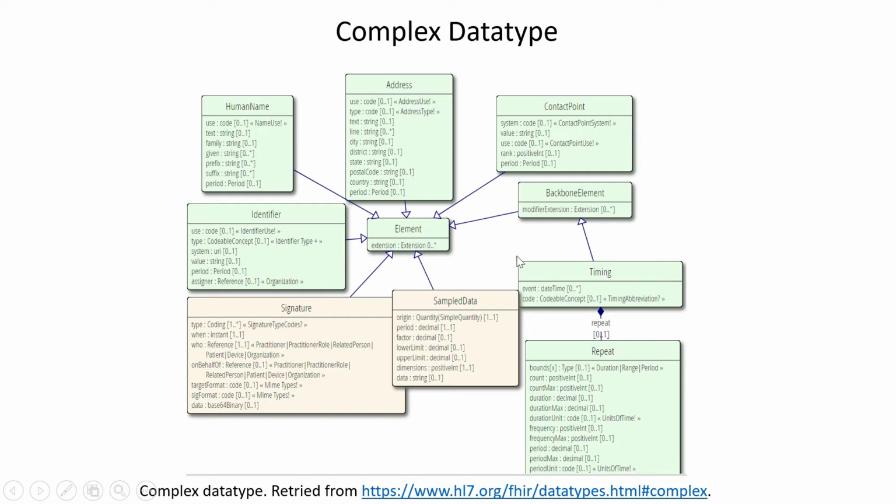There are even more complex data types. Say address, you have use, type, text, line, city, district, state, a lot of terms that can define these data types. And signature, you have type, when, who, on behalf of, target format, and so on. So yeah, that's the difference between the complex data type and primitive data types.